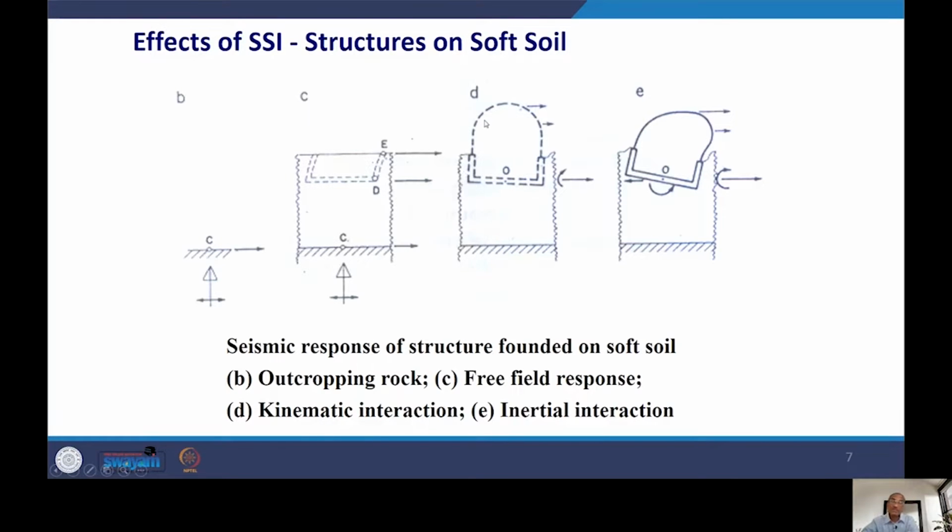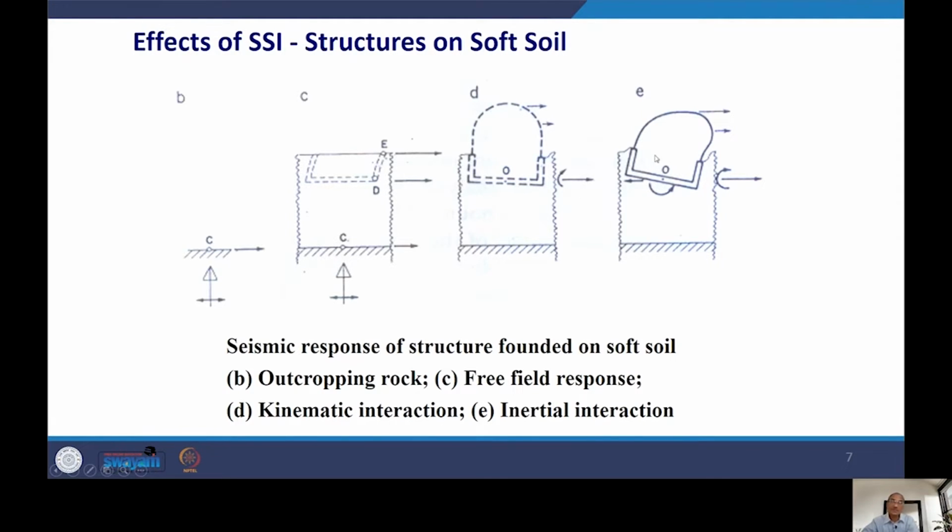Now, when you insert the foundation and the structure without mass, that means without considering the inertial effect, due to this embedment you have the kinematic interaction. Due to the presence of kinematic interaction, you get the rocking component and a significantly enlarged amplitude of the translation component.